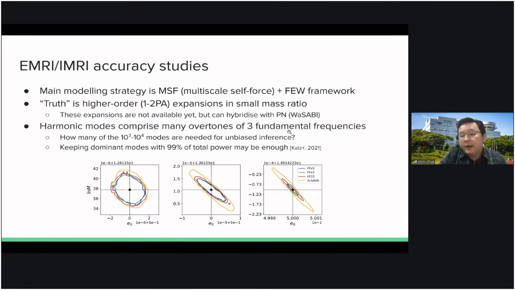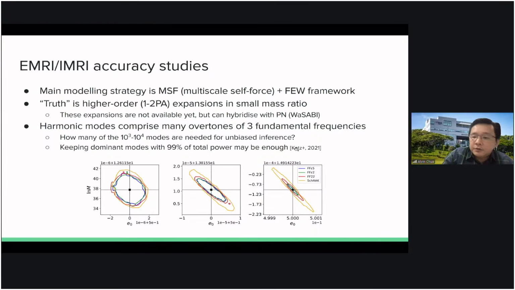Here, the orbit is also more complex. It has 3 fundamental frequencies. So the way these waveforms are put together, you need to compute a very large number of modes, thousands to even tens of thousands of them. Then the question is, how many do you actually need when you evaluate the waveform, to not have your inference be biased?